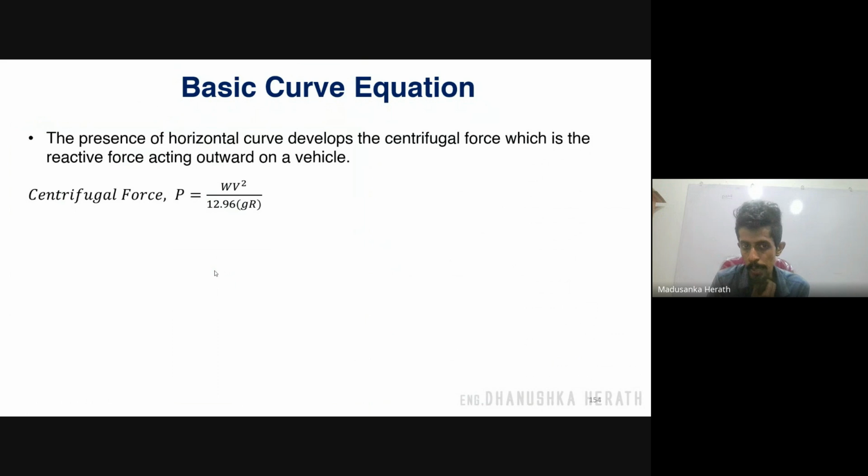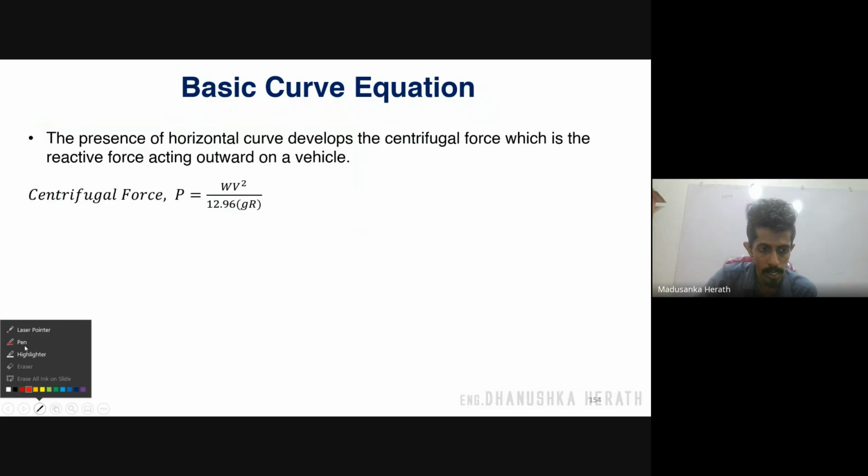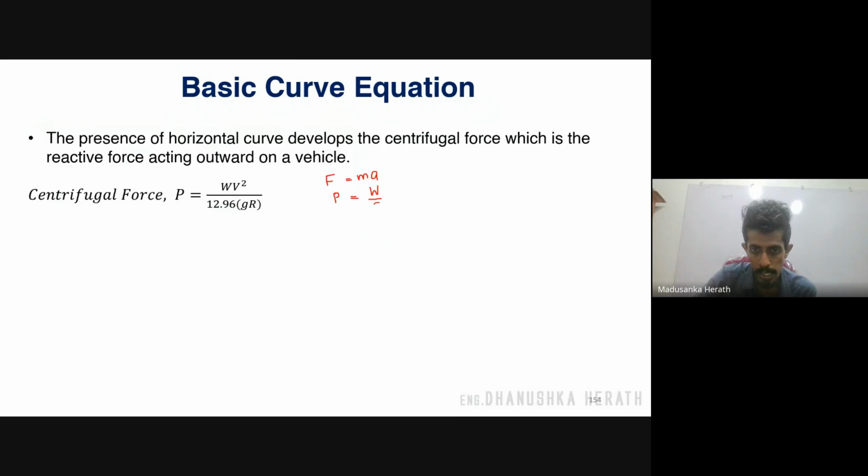The centrifugal force P is equal to W V squared over 12.96 G R. This is something like in A levels, where we have the equation F equals ma. Here the centrifugal force is P, and the mass is the weight divided by the gravitational acceleration, W over G. Then acceleration is V squared over R. So W V squared is okay, G R is okay.